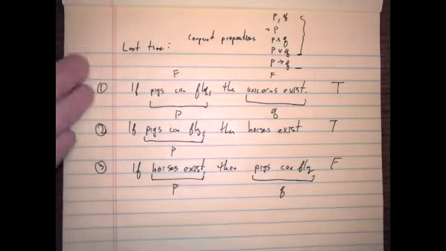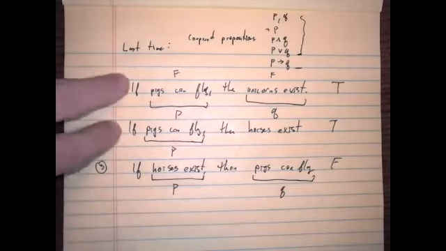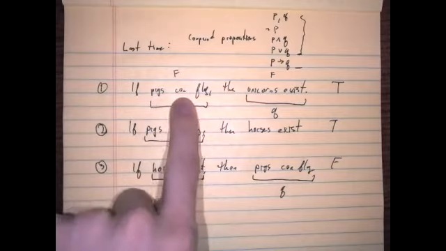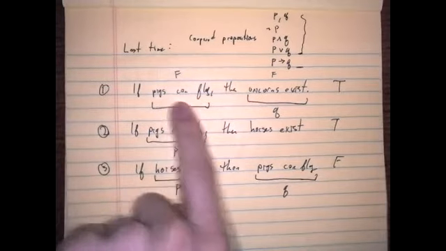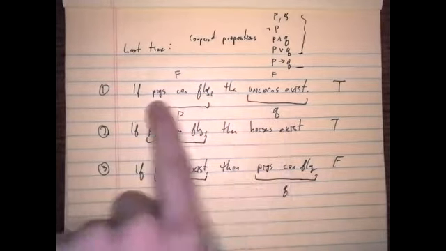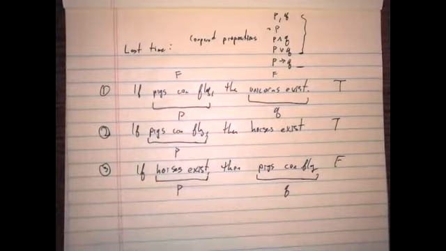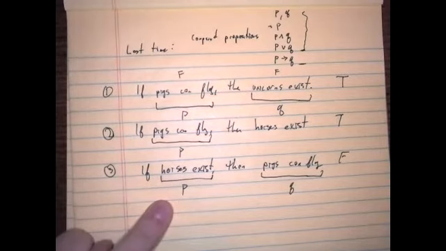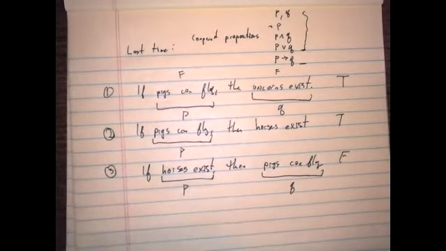Indeed, this all makes sense with our language. These two propositions sound fanciful, but since the hypothesis can't be satisfied, you can't tell me that I'm lying when I say this statement. But if I say, if horses exist, then pigs can fly, you can say this is false, because horses do exist and pigs do not fly. So you're wrong, is what you'd say to me.